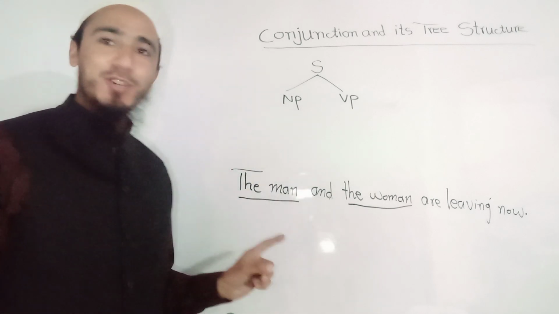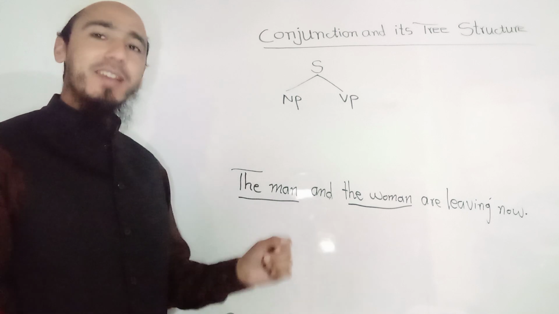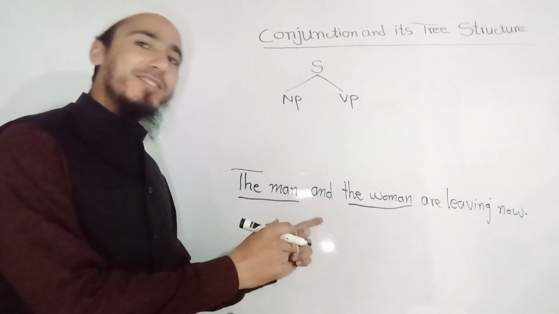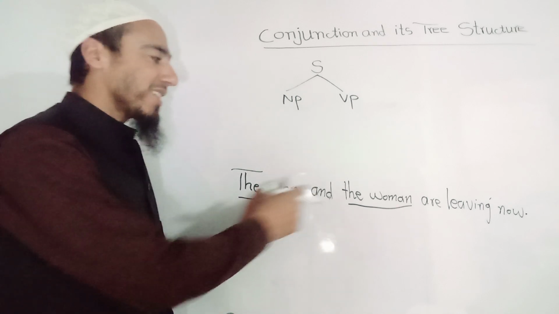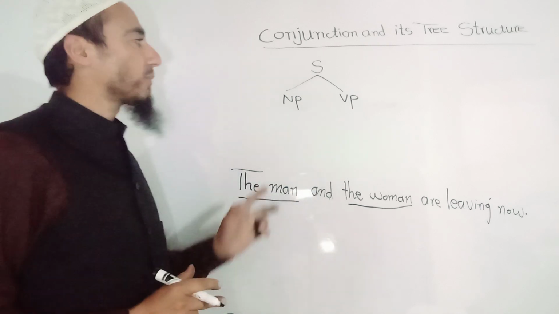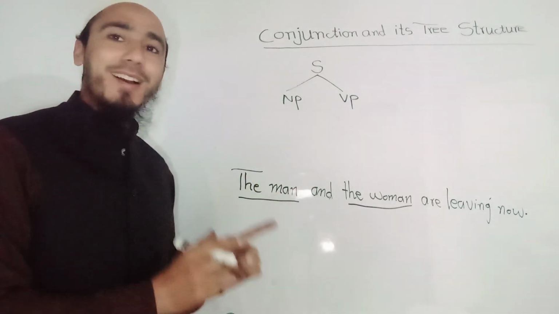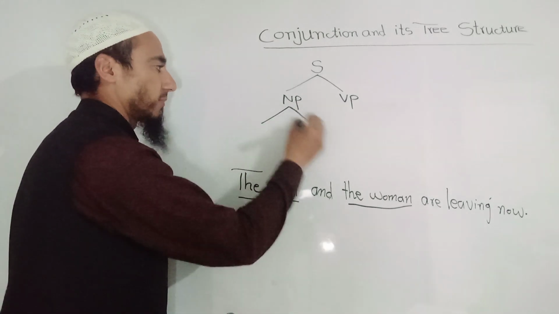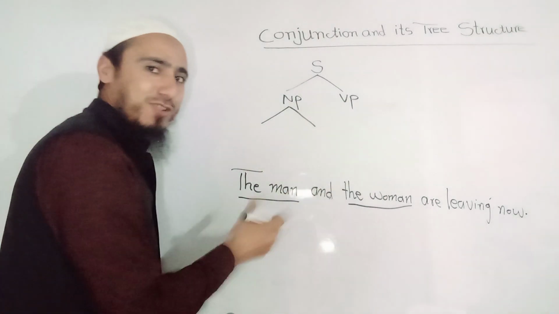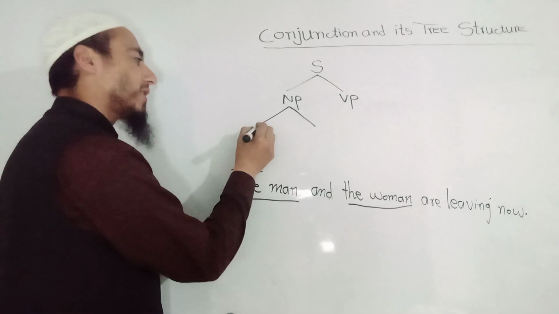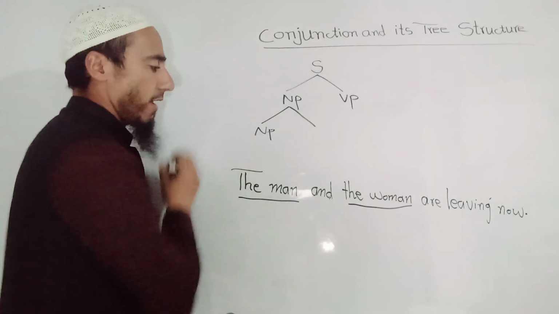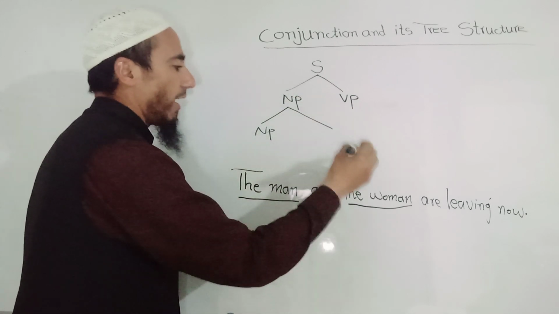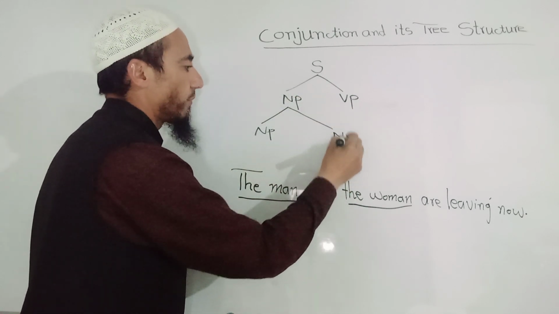Because of the coordinative conjunction. Previously, we were just taking one string of NP and then another string of NP. But here there are two NPs, so we are taking a separate structure for it. We are taking two NPs because there are two constituents. So we take one NP here, and we take another NP here.